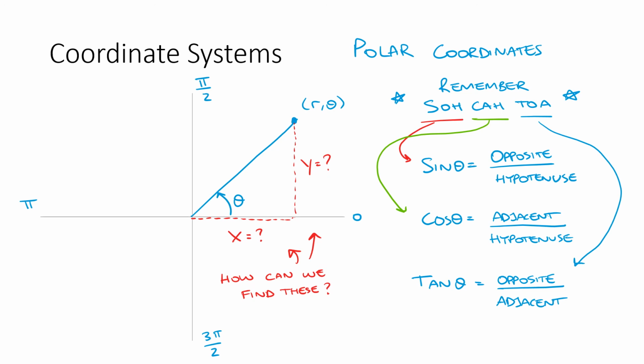I can also find x and y values on a polar grid, but it's helpful in a different way.